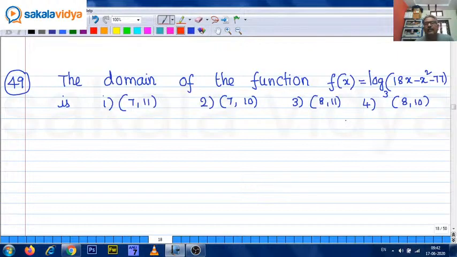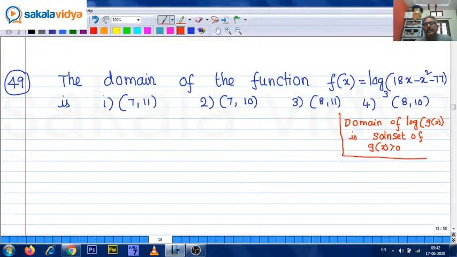See, domain of log g of x, for example, function is like this, is the solution set of g of x greater than 0. This is the basic fact you need to remember.